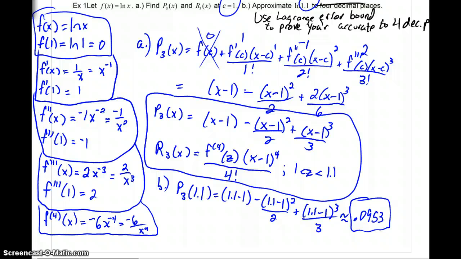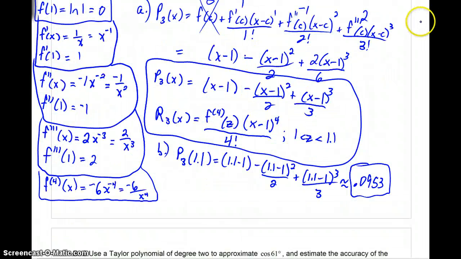Of course, now we're going to say, well, what about our error? What about this Lagrange error bound? Well, we can say from up above, r sub 3 of 1.1 is going to be the fourth derivative. Now look to the bottom left part of the screen. We'll say that's negative 6 all over z to the fourth times 1.1 minus 1 to the fourth all over 4.